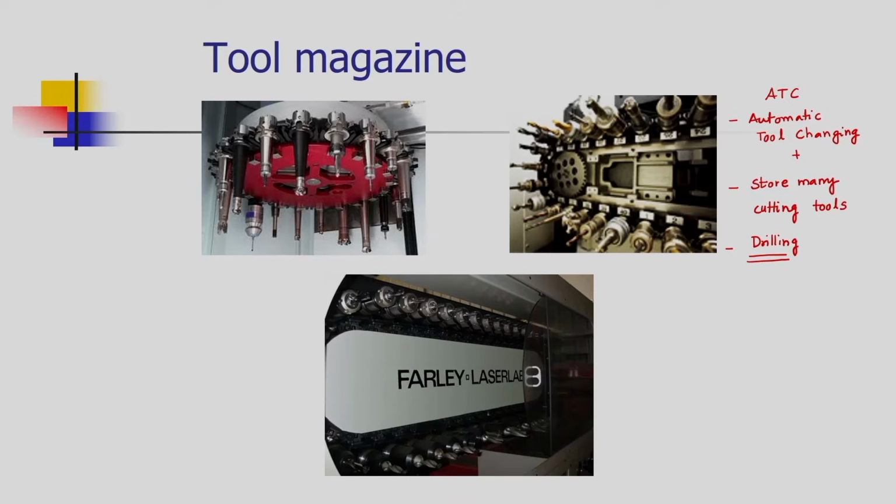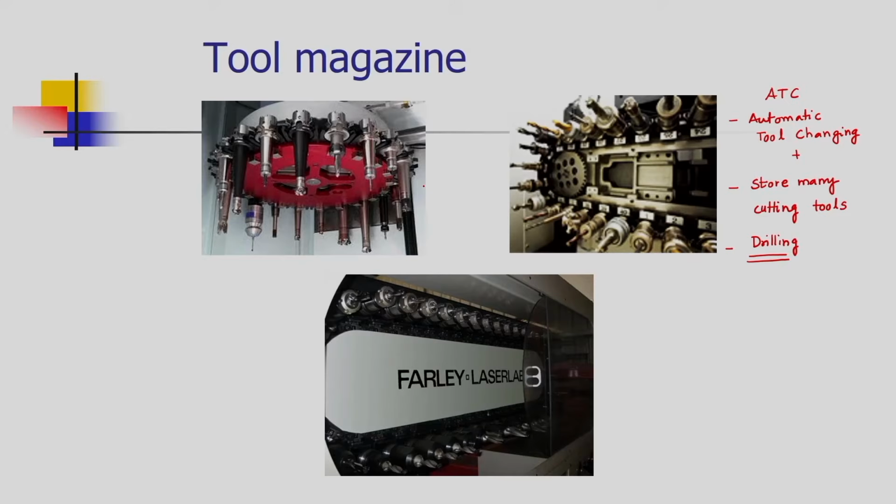So, for that purpose, we may need a large number of drill bits, and a large number of semi finishing tools that we call reamers, and finishing tools in a drilling operation. So, for that purpose, various types of arrangements are available in the CNC machine tool industry.